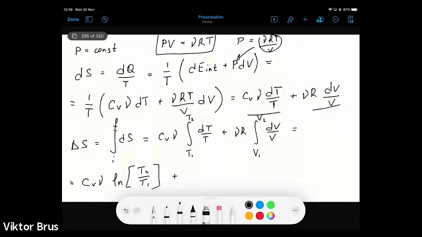And also we have another term which is responsible for the change of volume, nu times R, the universal gas constant, natural logarithm of V2 divided by V1. So we got these two equations. What we can do now, first of all, maybe let us rewrite it on the next slide so we have more space, and then we will have it in front of us so we can proceed further.